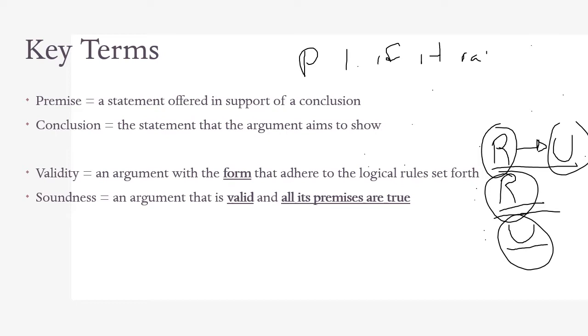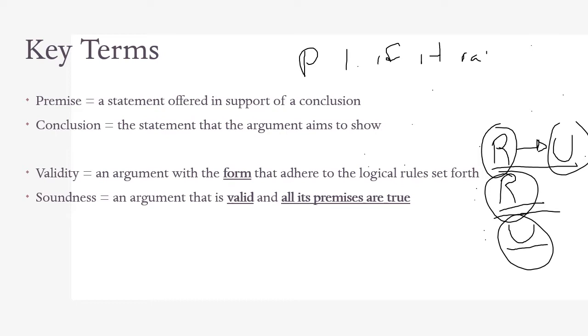If it's raining, I'll take my umbrella. It's raining, I'll take my umbrella. That's a sound argument. Thinking back to the other Martian example I gave you, if the Martians raid, then they'll uncover Earth. The Martians raid, therefore the Martians uncover Earth. Well, that's not really a sound argument because the premises aren't really true.